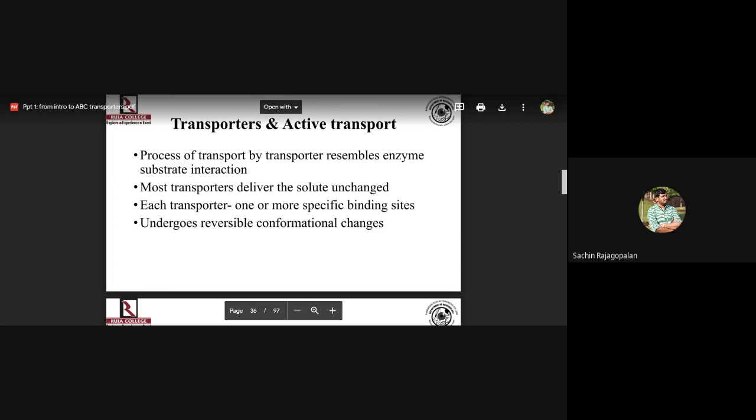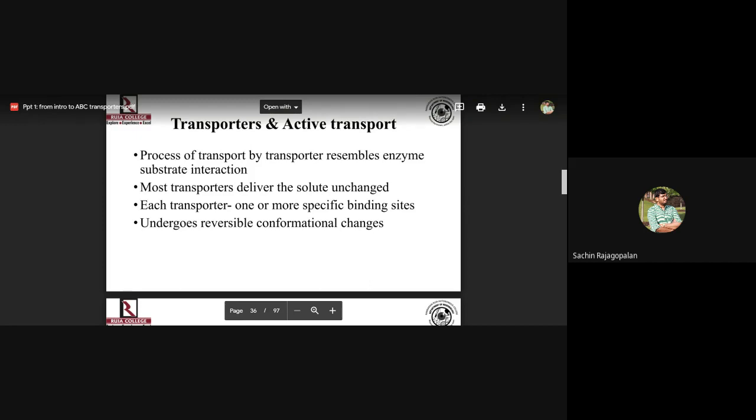Okay, so you need to understand that a transporter can have multiple binding sites either for the same solute or for different solutes. Now, we discussed yesterday that when the solute goes and binds to the transporter, it undergoes structural changes. We said that it undergoes conformational changes, which helps it open in the opposite direction.